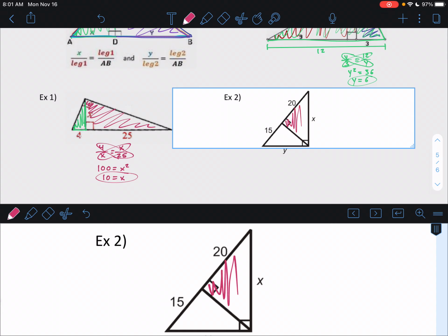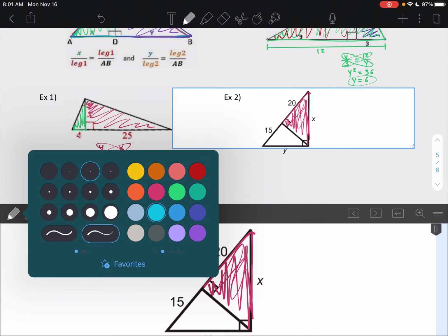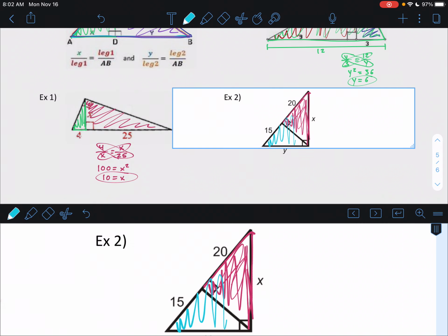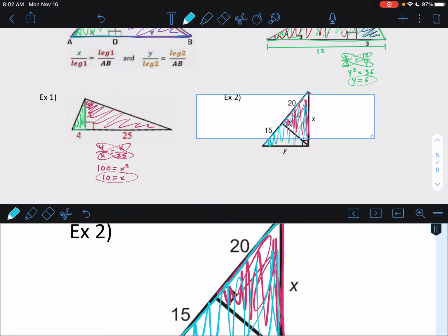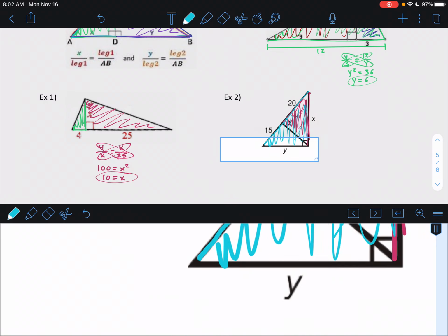Looking at this medium triangle here, I have the hypotenuse, which is x, and I have the long leg, which is 20. If I look at the large triangle, the biggest triangle, I have the hypotenuse, which is 20 plus 15, which is 35, and I have the long leg, which is x.